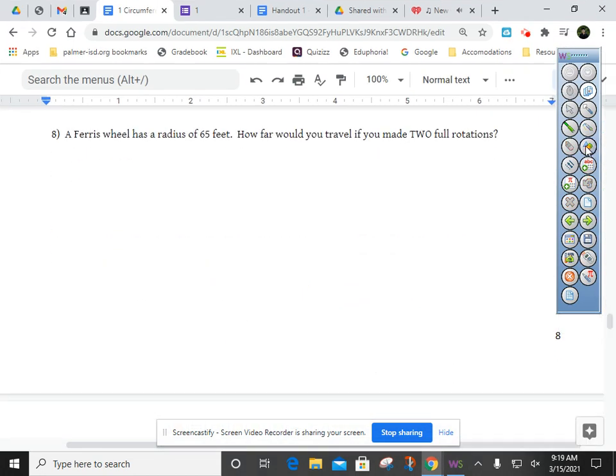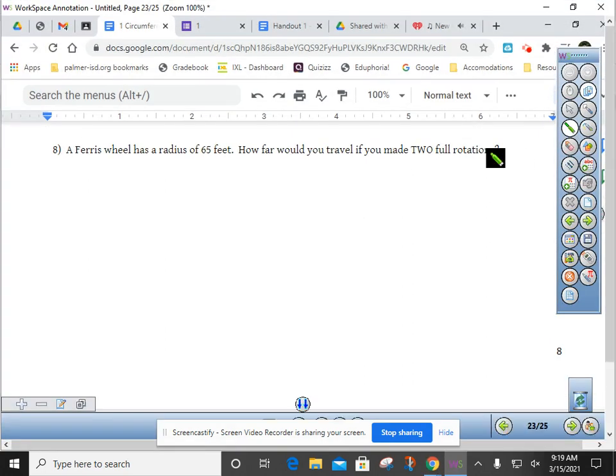Number 8. A Ferris wheel has a radius of 65 feet. How far would you travel if you made 2 full rotations? What is it asking you to find? The circumference. C equals 2 pi r.